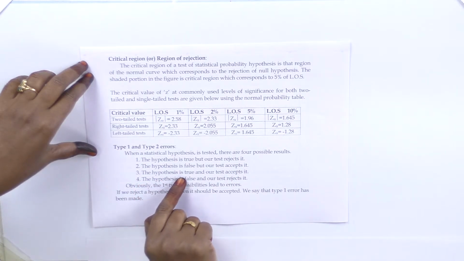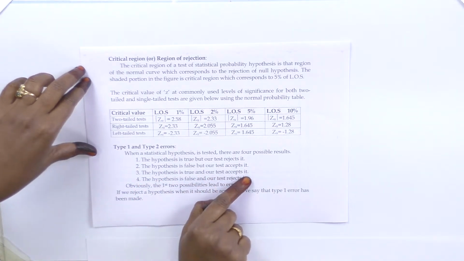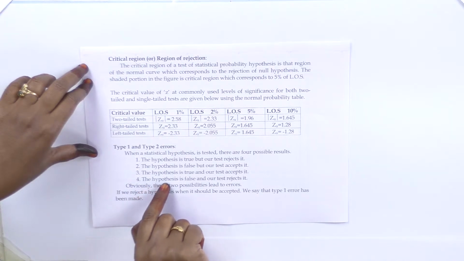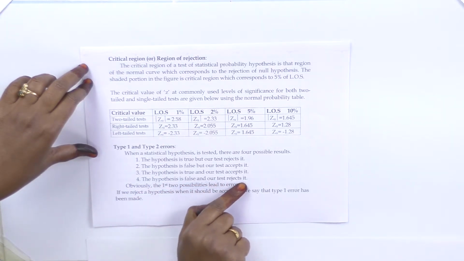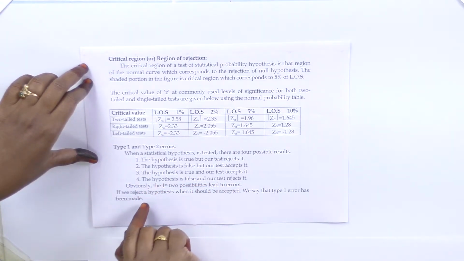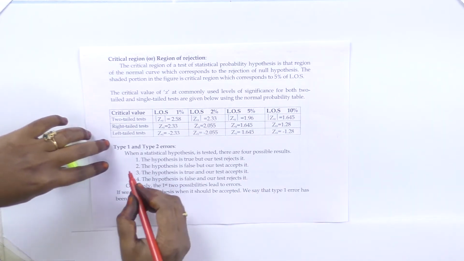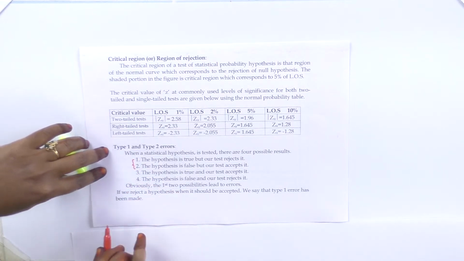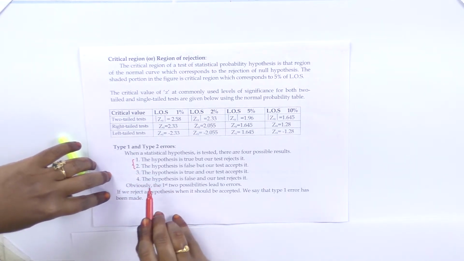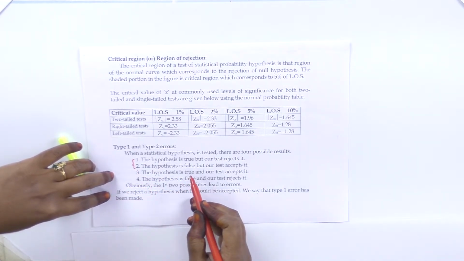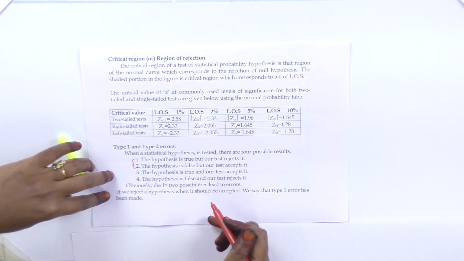Third, the hypothesis is true and our test accepts it. Fourth, the hypothesis is false and our test rejects it. Obviously, the first two possibilities lead to error. If we reject the hypothesis, then the result will be accepted.